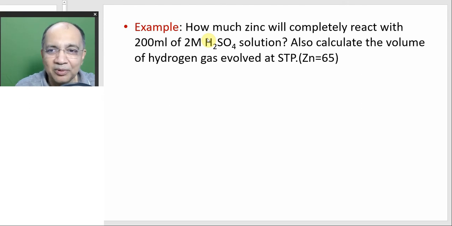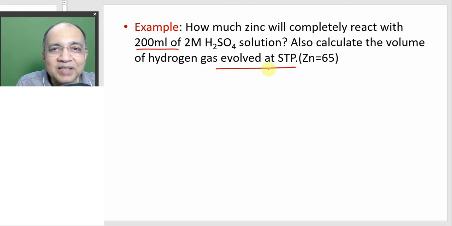See this example. How much zinc will be completely reacting with 200 ml of 2M sulfuric acid solution? Also calculate the volume of hydrogen gas evolved in this reaction at STP. Now, deliberately, I have given this task to distinguish between this volume and this volume.